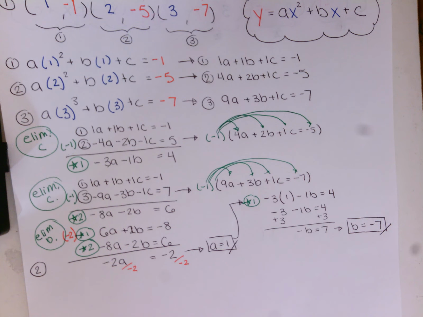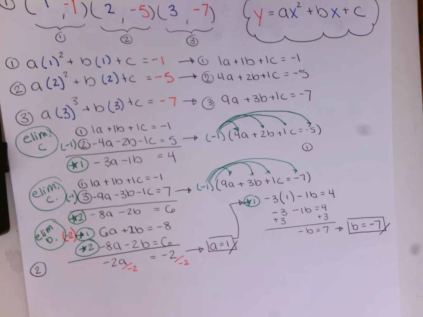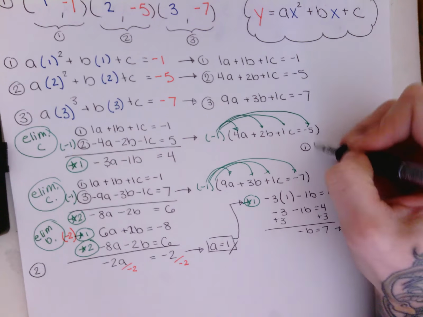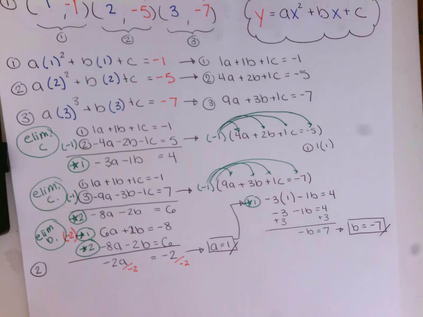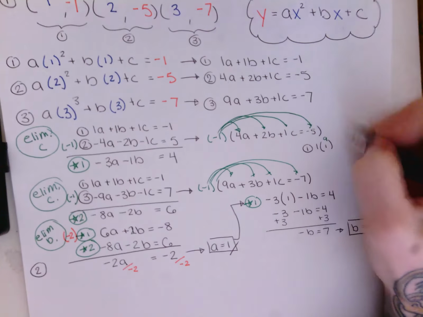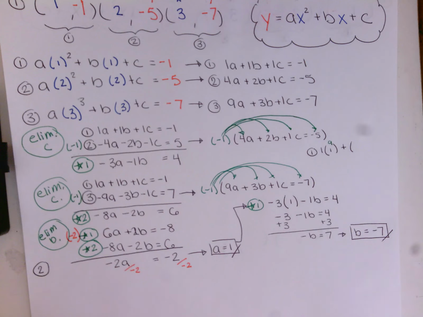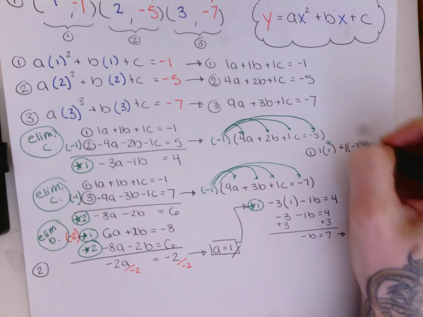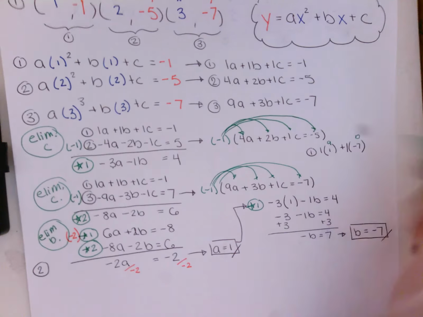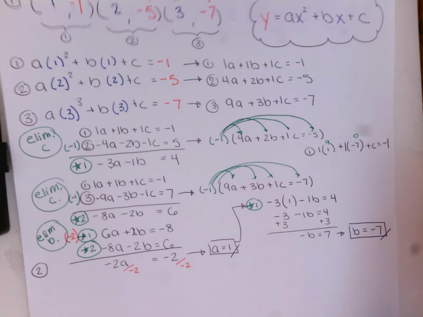And now I'm going to lastly use one of my original equations. Let's use this one right up top. So I'm going to plug in a is 1. Here's my a. My b we have as negative 7. And what I don't know is c.